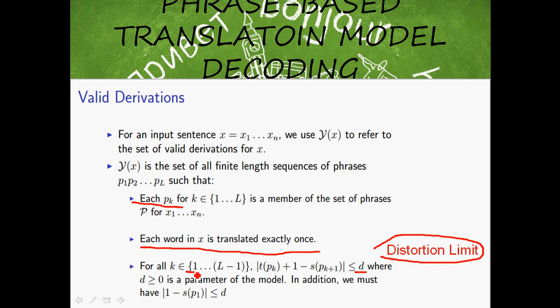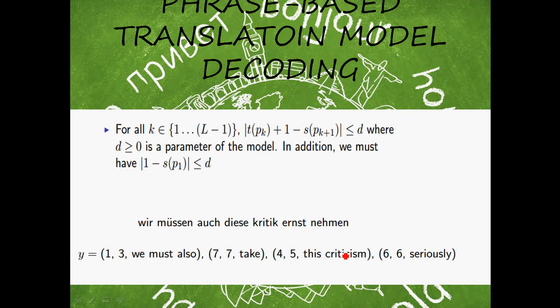And in this one, t of p_k is the endpoint of a phrase, and s of p_k plus 1 is the first point of the next phrase. Let's see the example here. The absolute value of this one is 3 plus 1 minus 7, which is 3. It's less than D, which is 4.